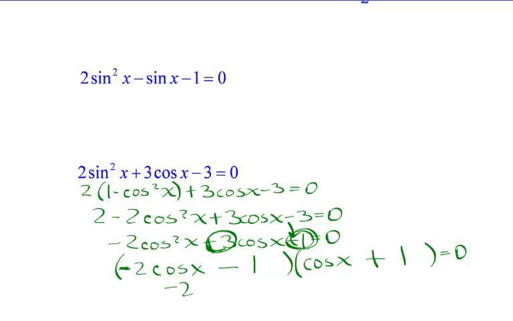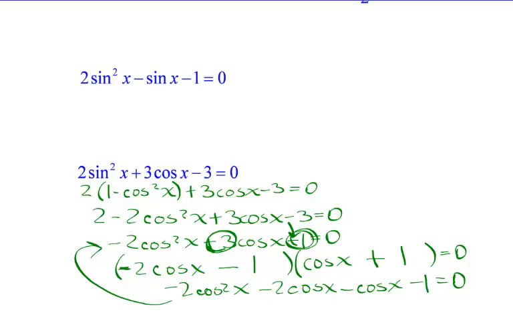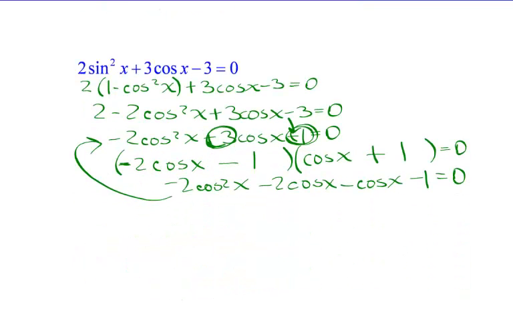First gives us -2 cosine squared of x. Outside gives us -2 cosine of x. Inside gives us -1 cosine of x. And last gives us -1. That is what we need. So we have correctly factored that quadratic equation.